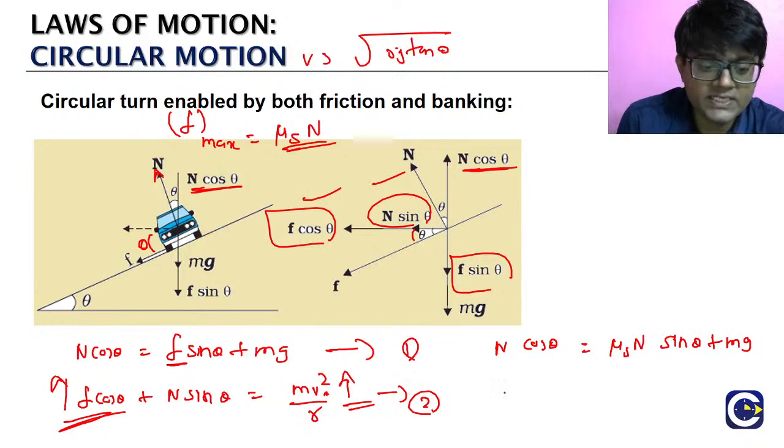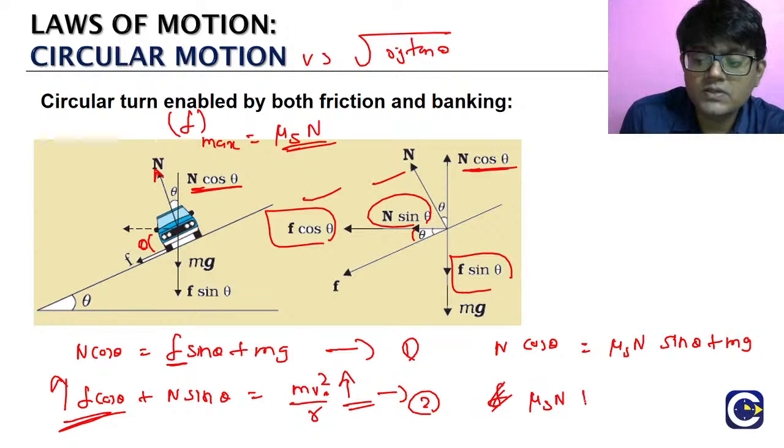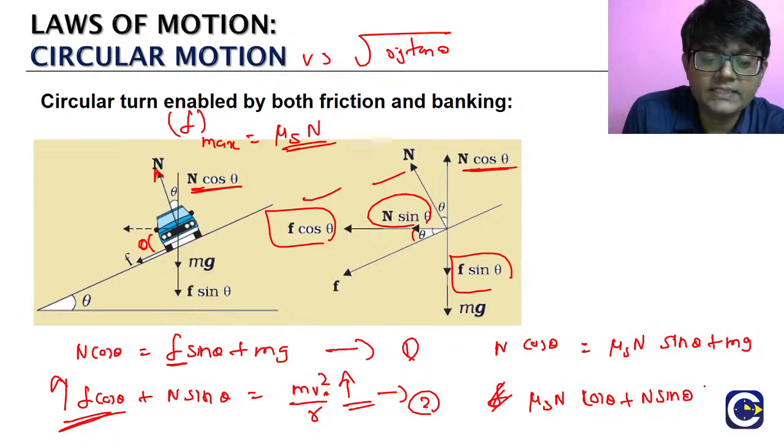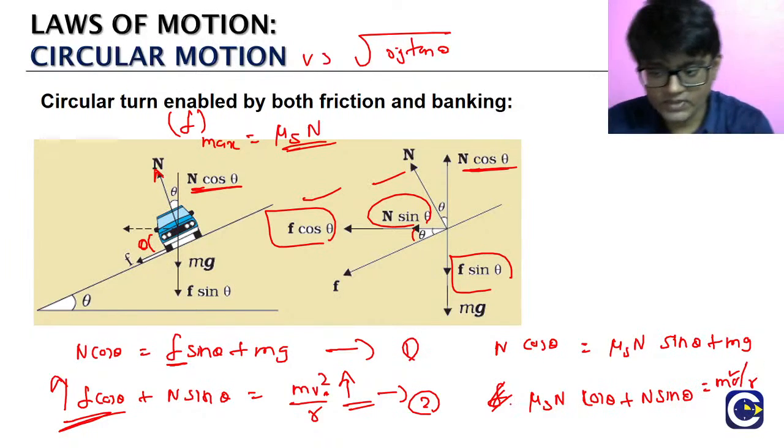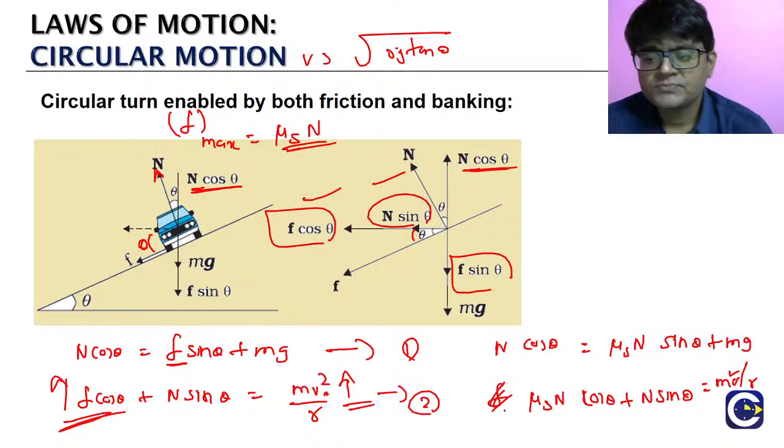The second equation, in place of f, mu s into normal reaction comes: mu s into normal reaction into cos theta plus N sin theta is equal to mv square by r. So these are the two equations.